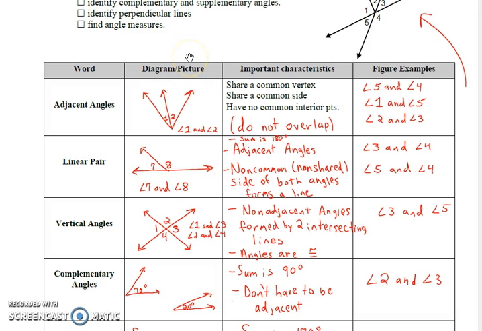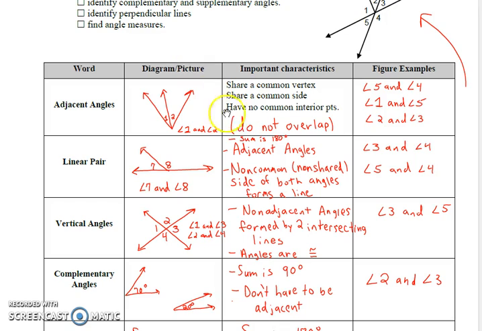And the other is that the vertex of the angle, the point where the two rays are coming off of, is right here for both angle 1 and angle 2. So we can say that angle 1 and angle 2 share a vertex, and they share one side. And they don't overlap. So that's called adjacent angles. 1 and 2 share a side, share a vertex. They're next to each other, adjacent angles.